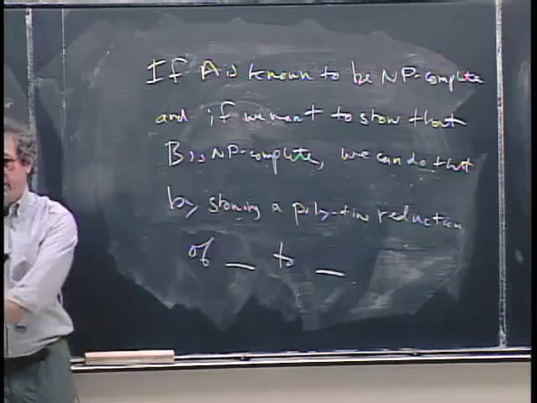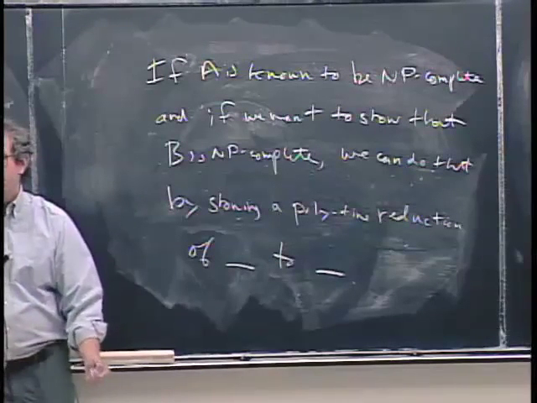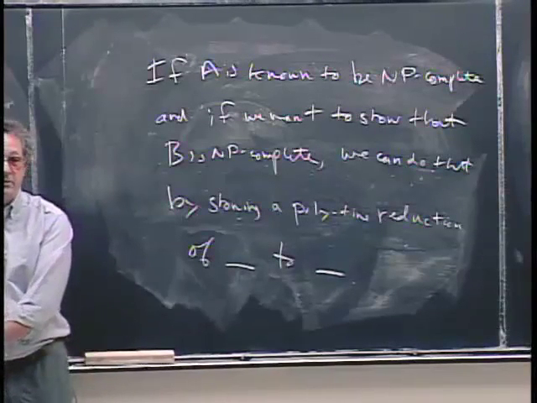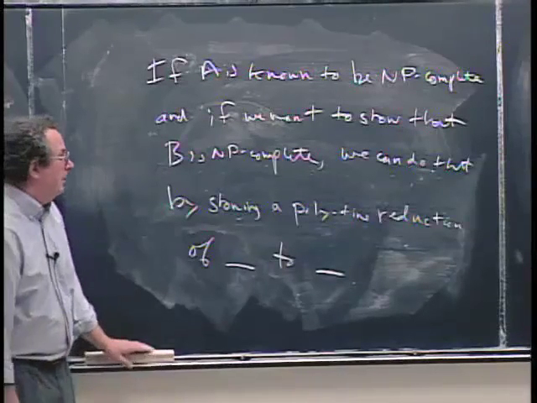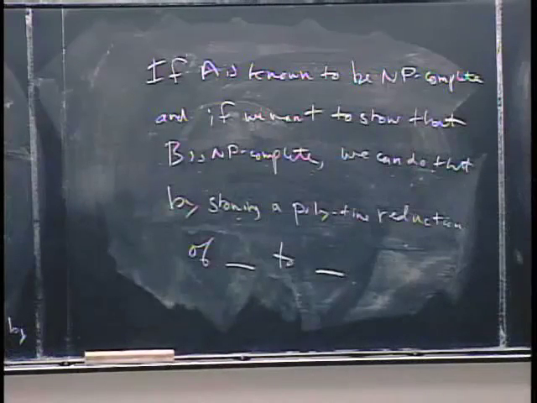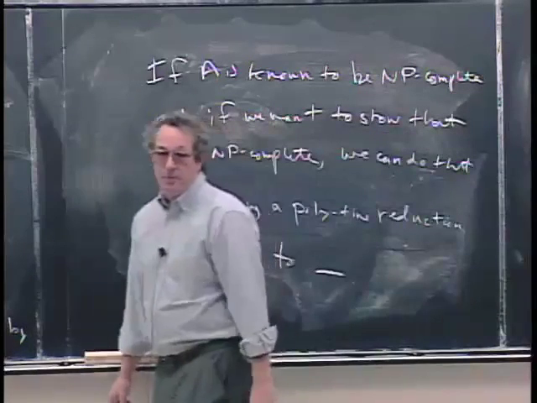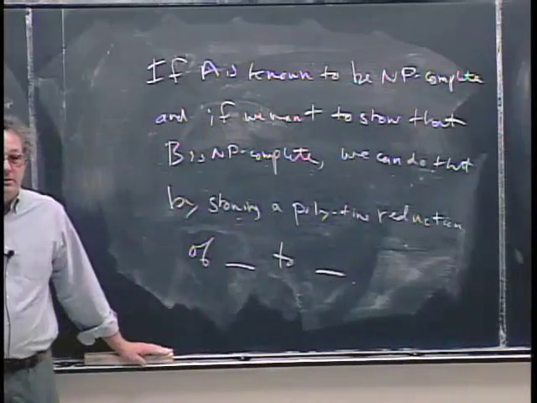So undecidable was bad, right? We wanted languages to be decidable. Now we have this other thing called NP-complete. NP-complete is bad in a sense because here we have this belief that no NP-complete language is in P. P is good. If no NP-complete language is in P, then that's a bad thing.